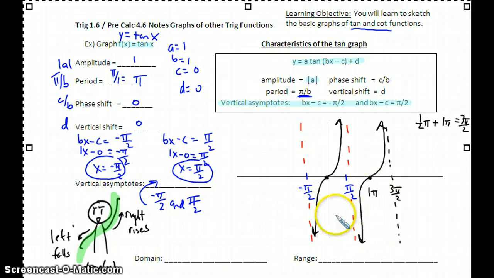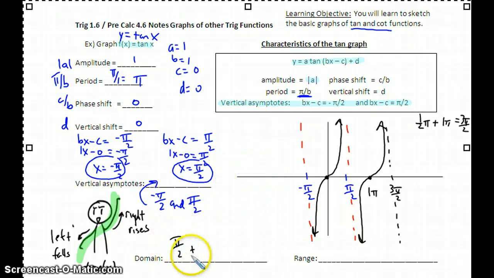So if we think about this graph in terms of the domain, the x values, what you should be noticing is that all the x values are working except for where we have these vertical asymptotes. And these vertical asymptotes are going to occur if we started at pi over 2, and we added a pi to that, and a pi to that, or we subtract a pi from that, and a pi from that.